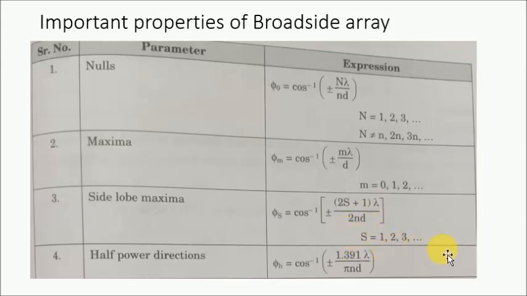Half power directions. After simplification for the broadside array, we have phi h equal to cos inverse of plus minus 1.391 lambda divided by pi d. So this is the half power direction.